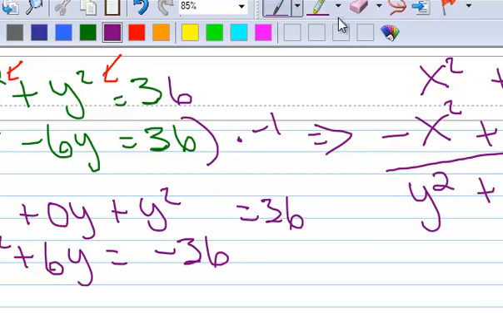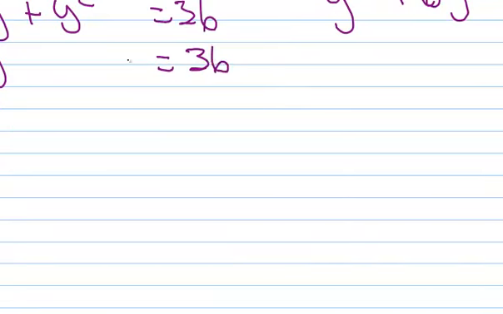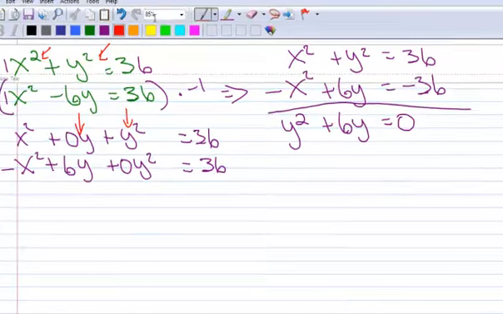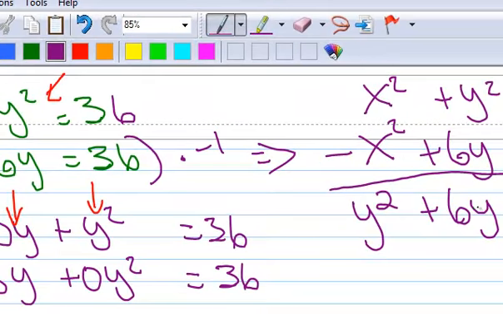You see how they're kind of lining that up? And then they'll move this over here to be 36. And then sometimes they'll write 0y squared. So when you add them up, it's very obvious then that these are the y's and these are the y squares. So if you're prone to do this mistake like I just did, this might be a very helpful technique for you. All right, let's go back to this one here.